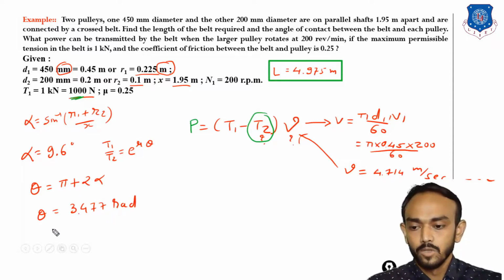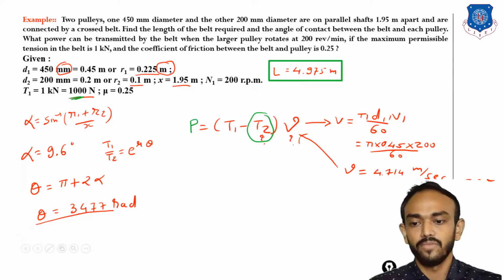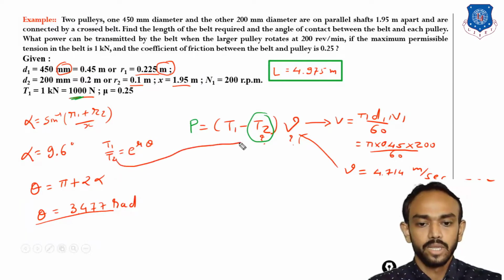This theta we will use in the formula T1 upon T2 equals e raised to mu theta, and you will find T2, and this T2 you will put here and you will find the power.